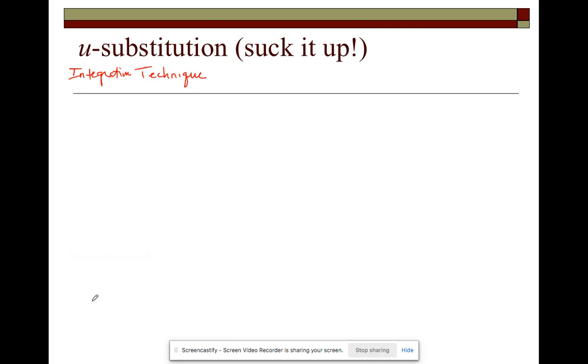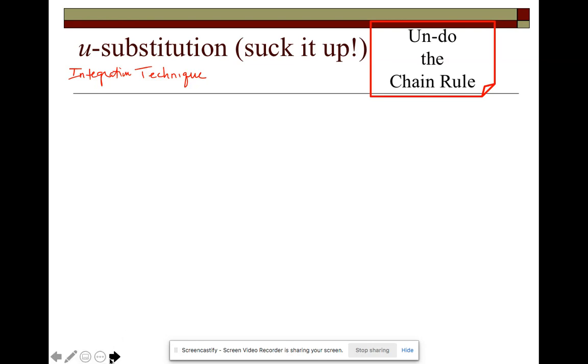So when you're going backwards, if your derivative was a result of the chain rule, you need to undo the chain rule, which means you've got to take that derivative of the inside that was spit out and put it back. See my little cup with my straw? Listen. Suck it back up.